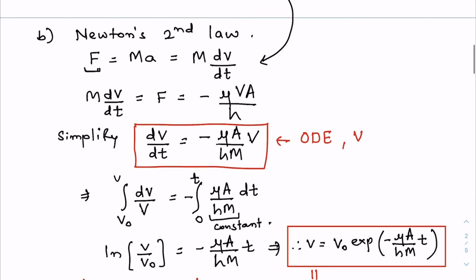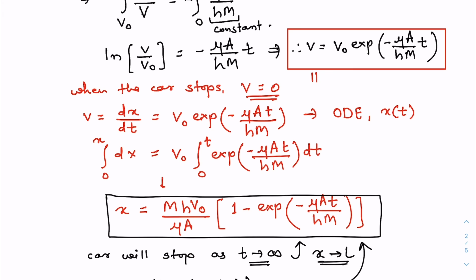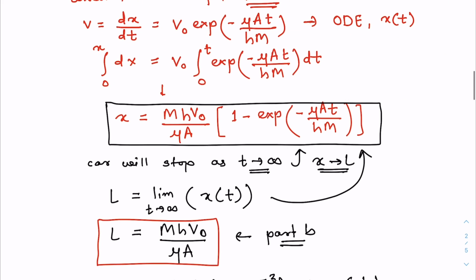Then we used Newton's second law to relate the force to the acceleration, which is nothing but the time derivative of velocity. We found the expression for the velocity and how it varies with time, and again we used the fact that velocity is just the time derivative of the position x, and solved this ODE for x to find how the distance varies with time.